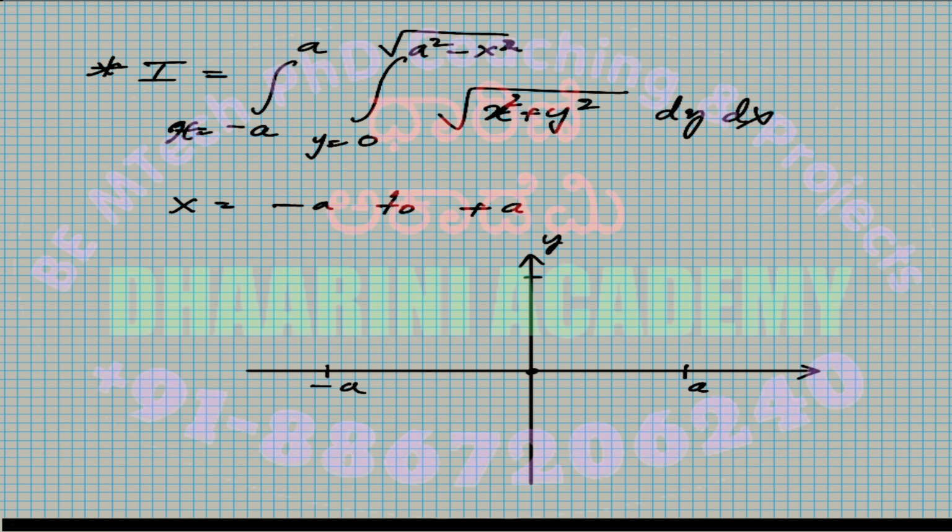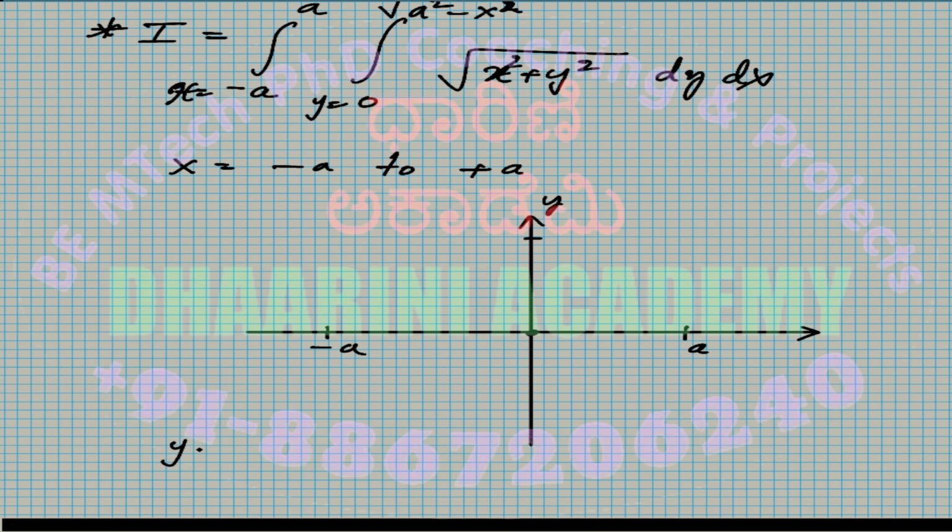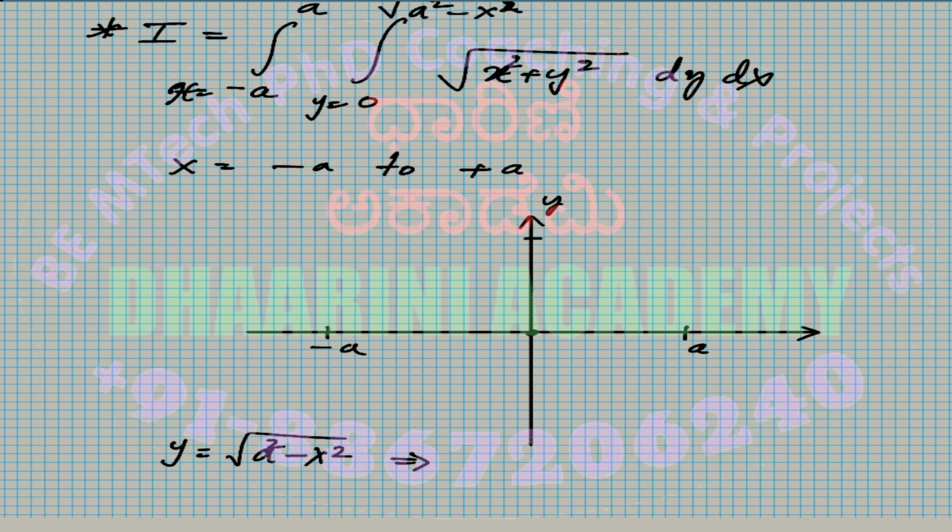So look at what y is in this range, because they have given y equal to root of a square minus x square. Let me convert this into some standard equation so that I can understand what is happening here, because they may be covering a triangle, possible.